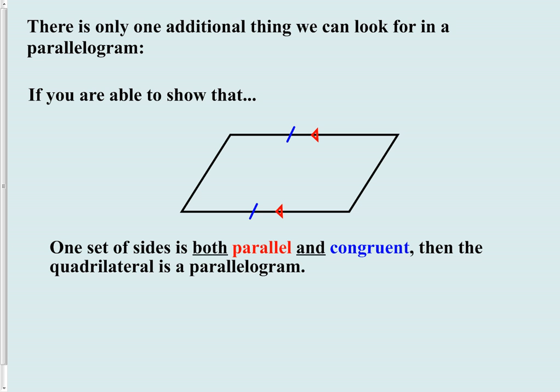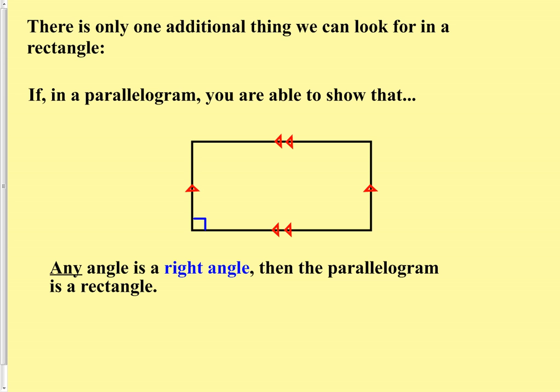Okay, an extra property for a parallelogram, as if we needed any other properties: if you can find one set of opposite sides that is both parallel and congruent at the same time, then that is going to reveal that you have a parallelogram, and then all of the other four properties will apply.